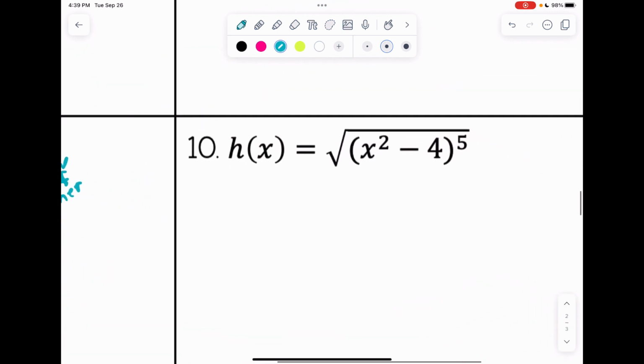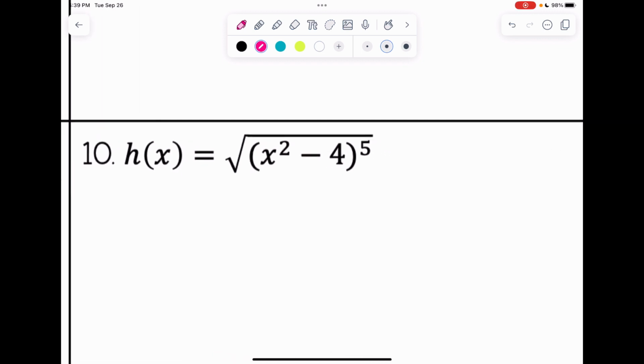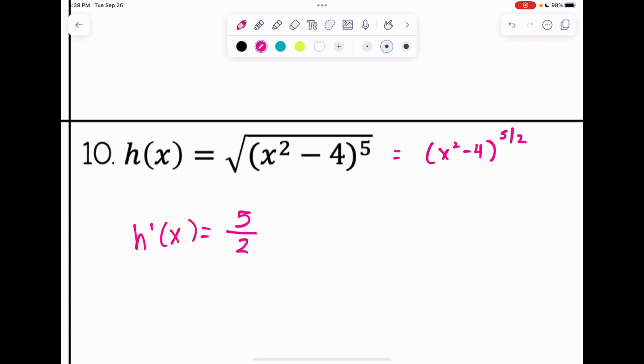All right, number 10, h of x equals the square root of x squared minus 4 to the 5th. I am going to rewrite this here as x squared minus 4 to the 5/2. And I see that this is not a double application one. There's only one set of parentheses. It reminds me of some of the others we've seen where there's a power on the outside, so we're going to do power rule.